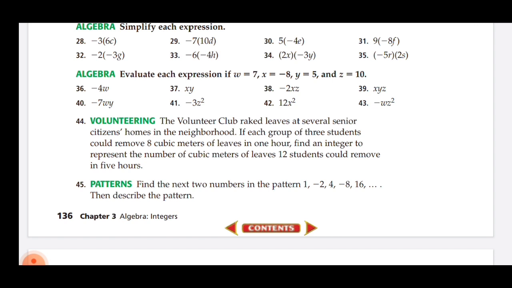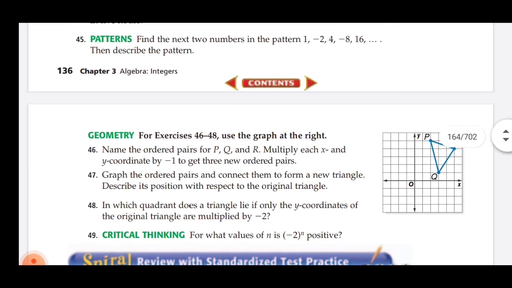Patterns. Find the next two numbers in the pattern: 1, -2, 4, -8, 16. Then describe the pattern.